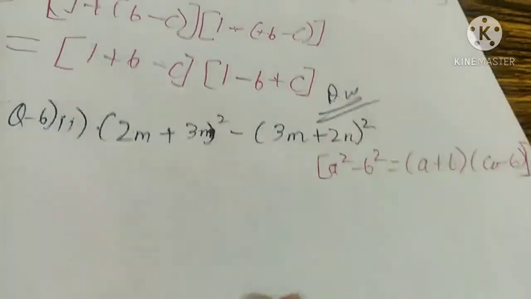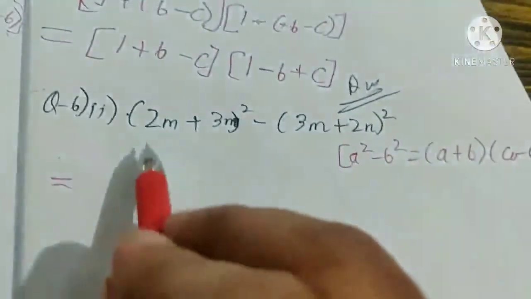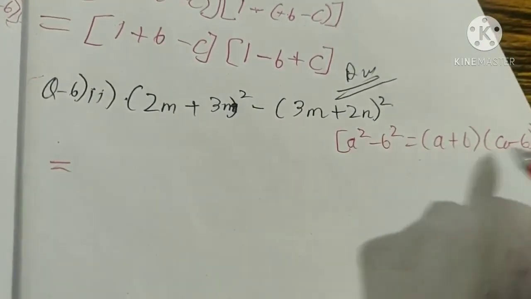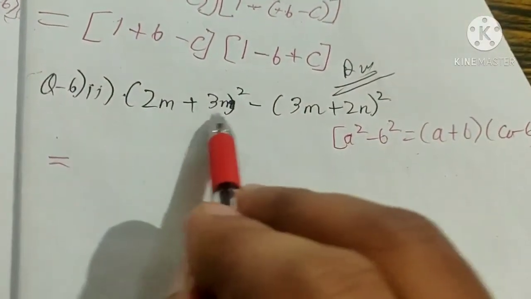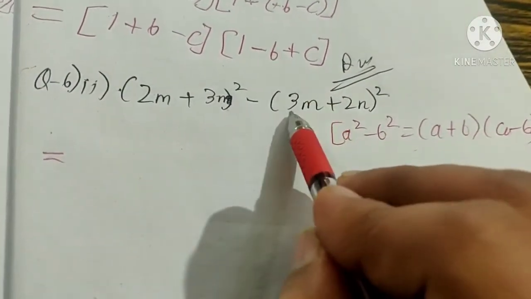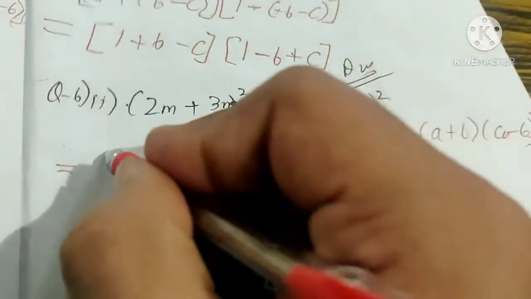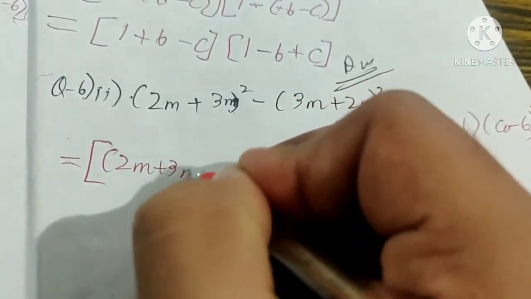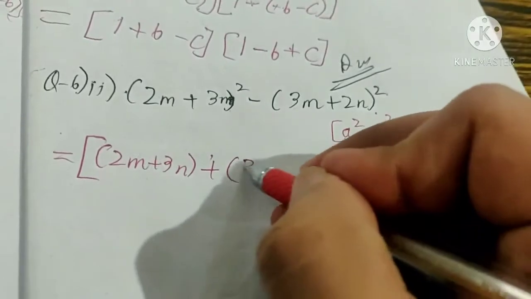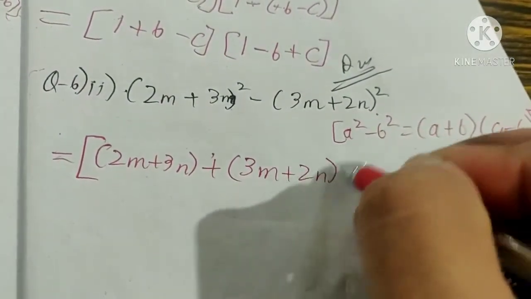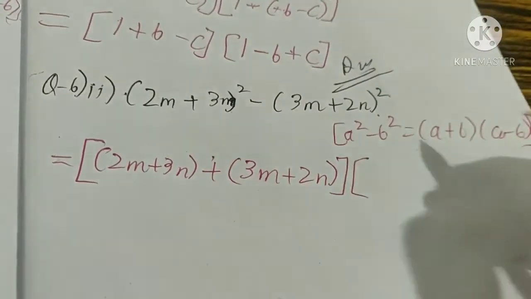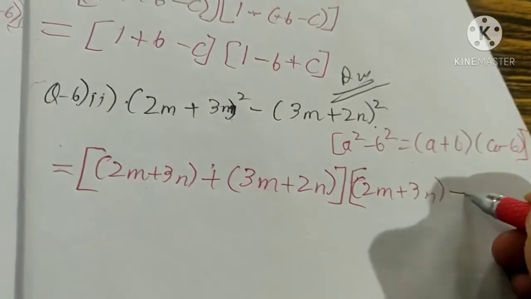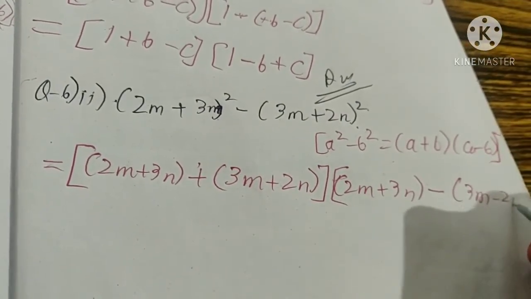Okay. So moving forward, a square minus b square is a plus b into a minus b. So a here is 2m plus 3n and b here is 3m plus 2n. So we have to write in the form a plus b. A here is 2m plus 3n, plus b. B here is 3m plus 2n. Then a minus b. A again here is 2m plus 3n, minus b, that is 3m plus 2n.